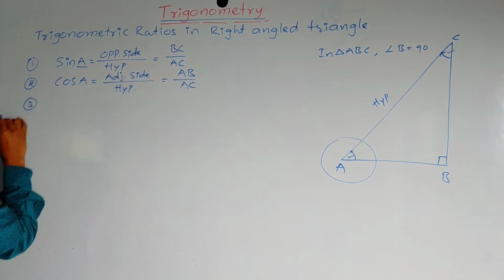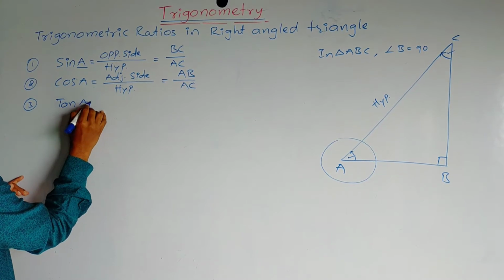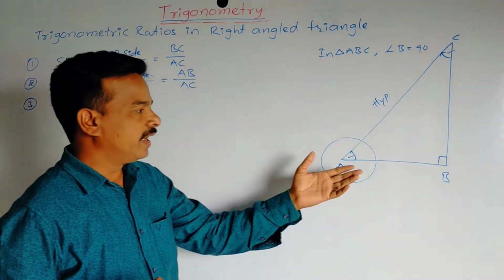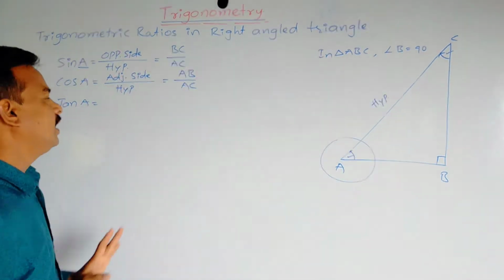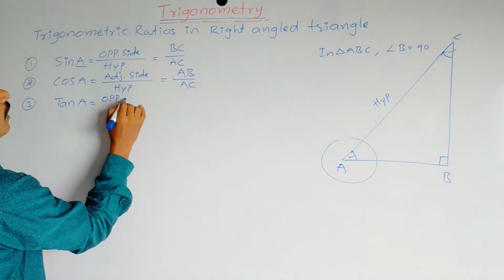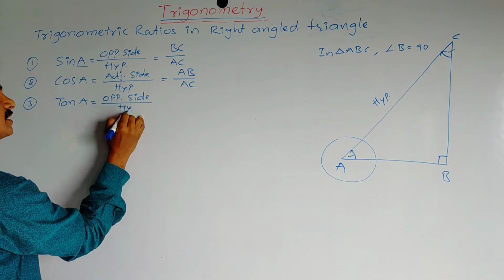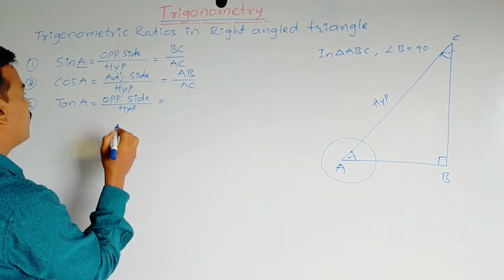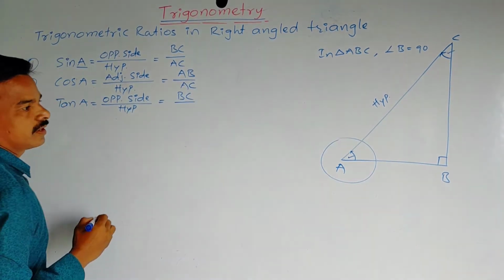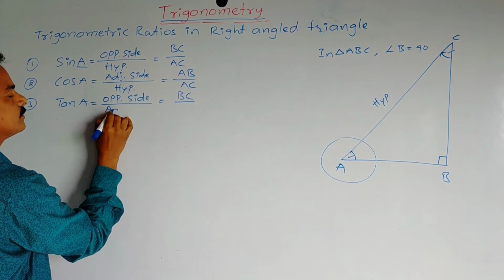Next, third, tan A is equal to opposite side of angle A divided by adjacent side of angle A. The opposite side of angle A is BC, divided by not hypotenuse, adjacent side.